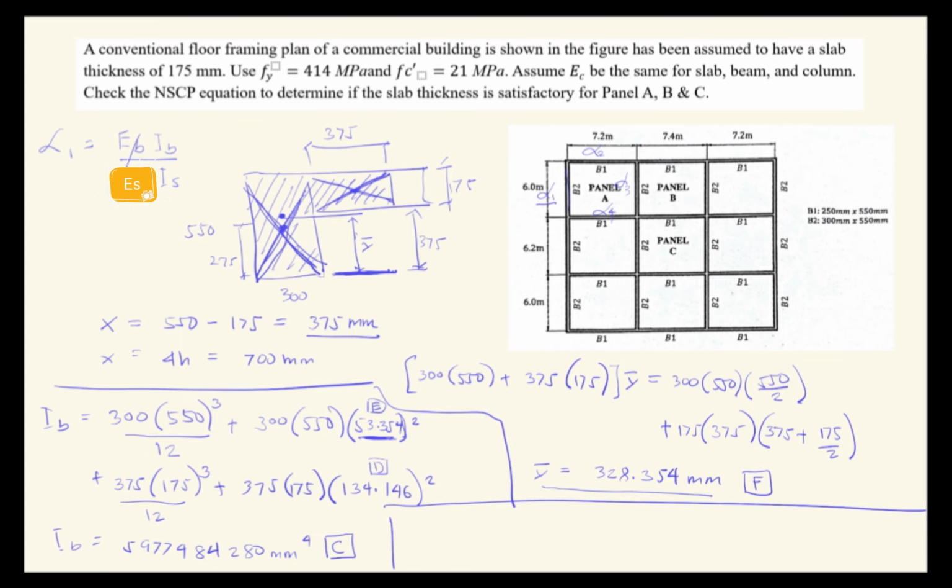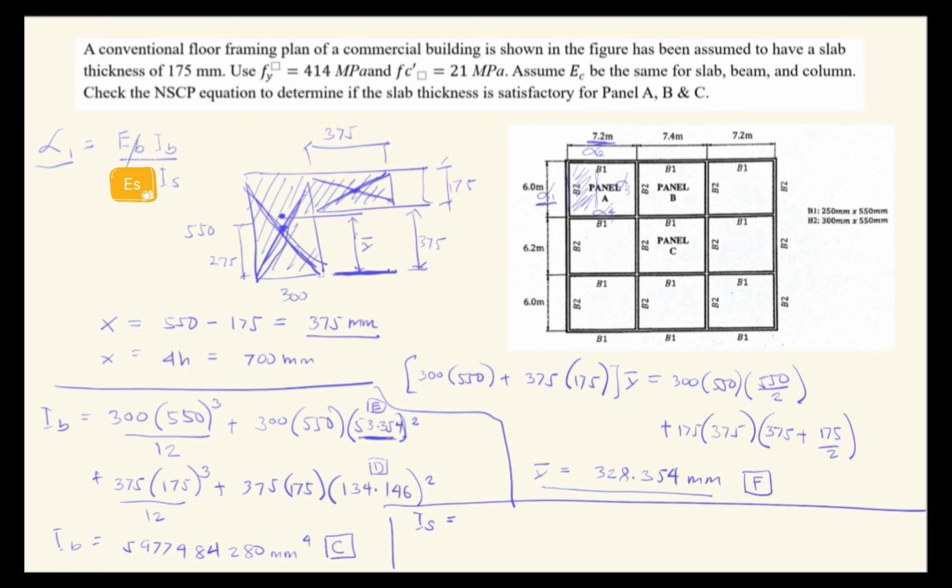And now for the moment of inertia of the slab, IS, this is equal to the effective width of the slab. Okay, so if this is 7.2 meters, because take note that alpha 1 is here, and so we are to consider this portion of the slab.